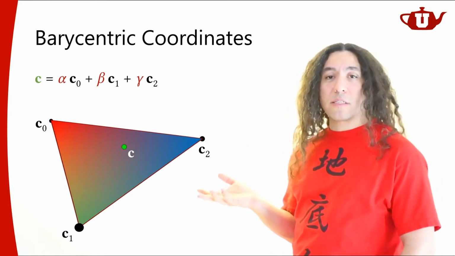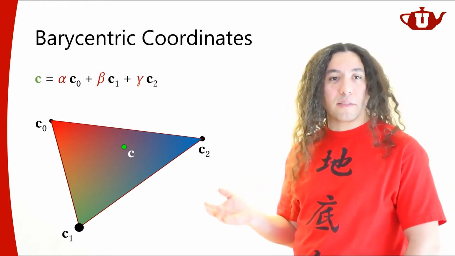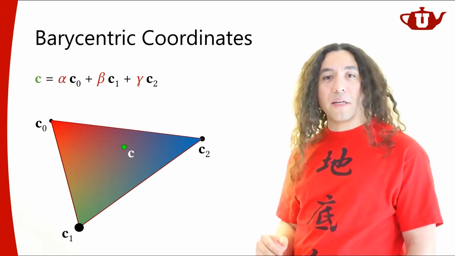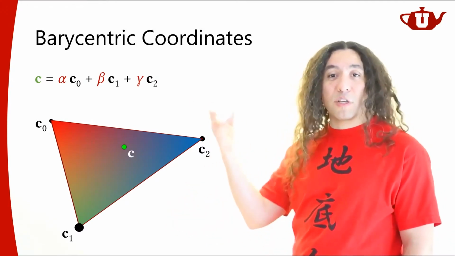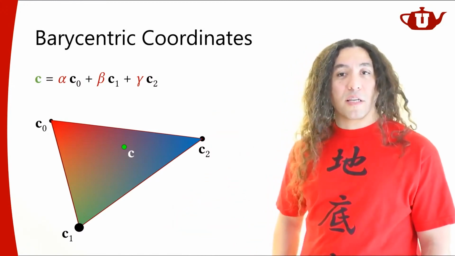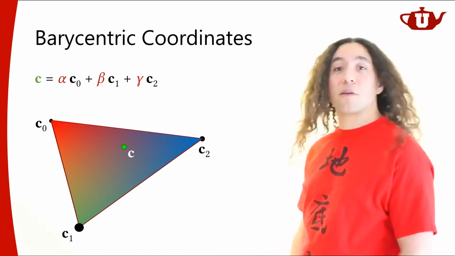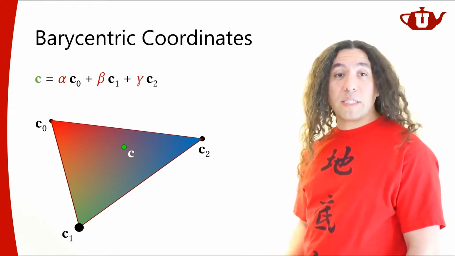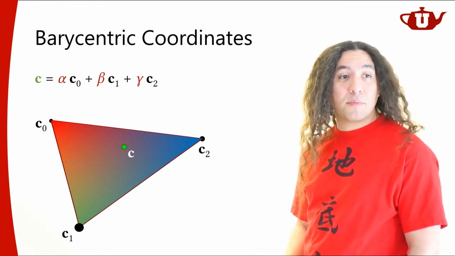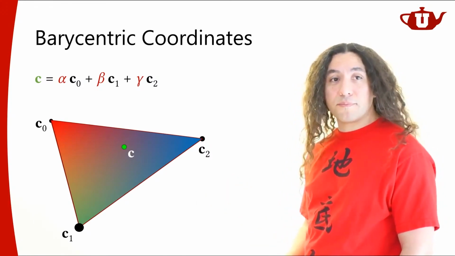That's probably one of the reasons why we like triangles so much, because they're planar and they form linear interpolations, and those linear interpolations can be represented using barycentric coordinates like this. It just simplifies the whole rendering process quite a bit, and that's one of the reasons we like them so much and we use them so often.